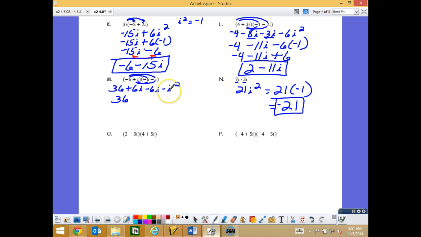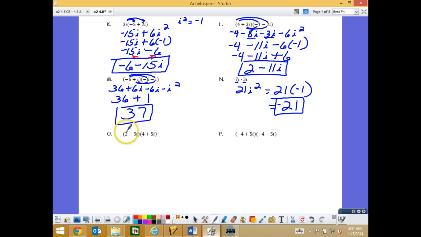And i squared once again is equal to negative 1, so minus negative 1 becomes plus 1. And combining those like terms, we end up with 37. Now again, that is a complex number where the imaginary part is just 0. Okay? So the result is 37.